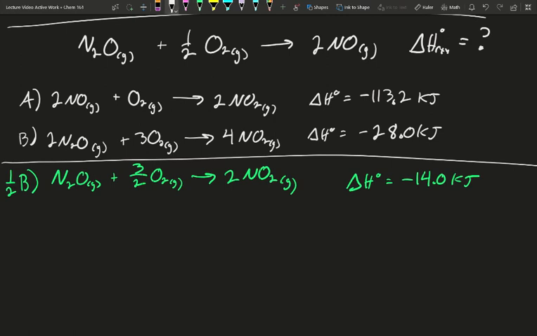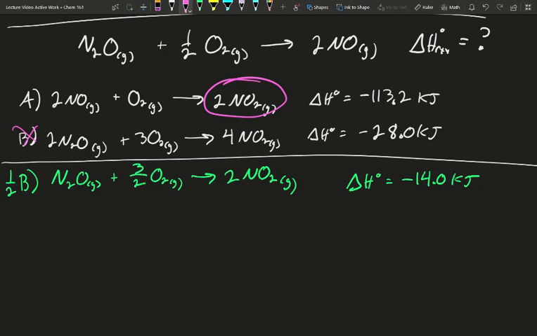Well, that gives me one of the things I need, but I have all these other components. I don't want NO2 in my reaction at all. If I go look at A, well, there's NO2. I can use A to cancel the NO2 in B. Problem is the NO2 in B was on the right.